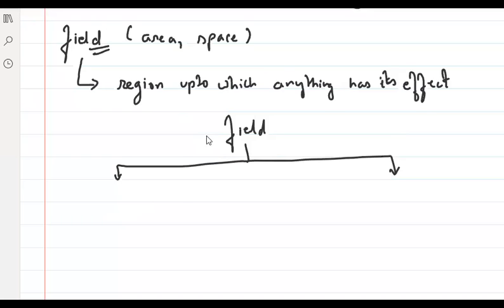So obviously this field is associated with your physical quantities, so it can also be of two types: scalar field and vector field. Agree?